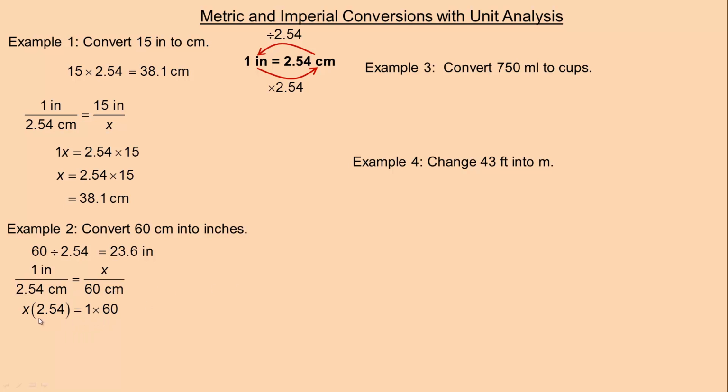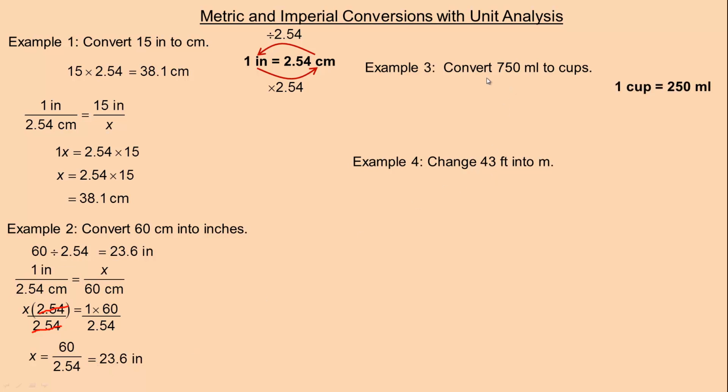To solve for x, I would divide out the 2.54. To get x, 1 times 60 is just 60, so it's really just 60 divided by 2.54, which is the same thing we did up here. So we should get 23.6 inches again.